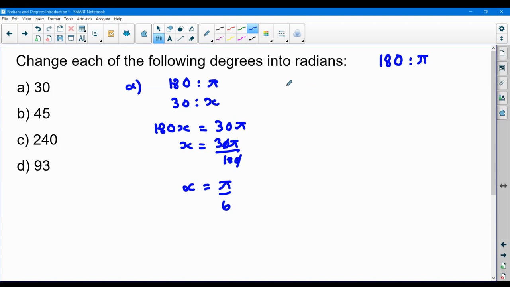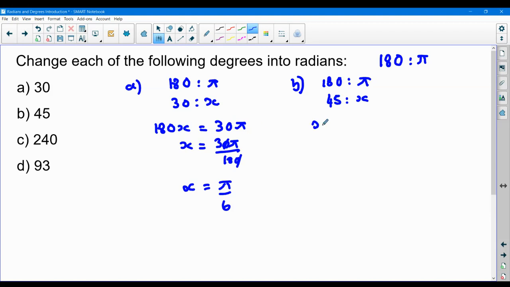Now I'm going to do b and c a bit quicker. So I'm going to set this up the same way. 180, pi. 45 is a degree measure, so it goes here, and x is here. Now when I multiply these two, it gives me 180x equals 45 pi.